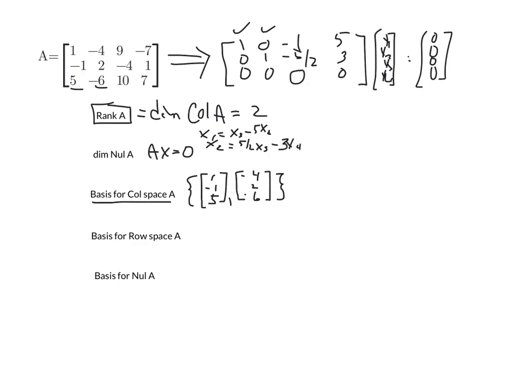That looks like a 2 there, but that's intended to be a 4. And then of course we'd have x3 is free and x4 is free.